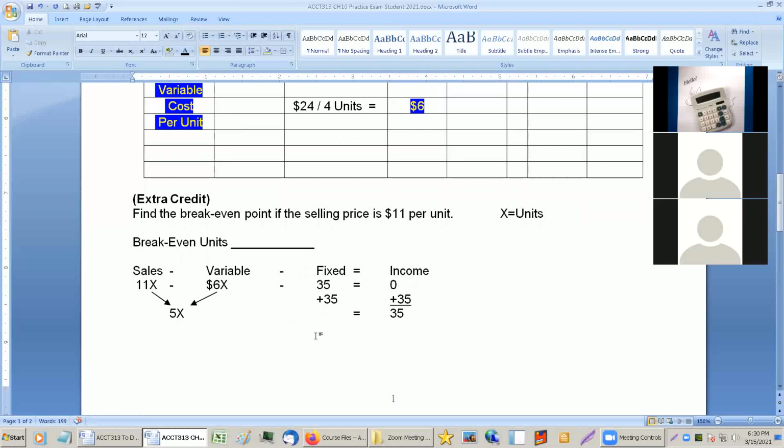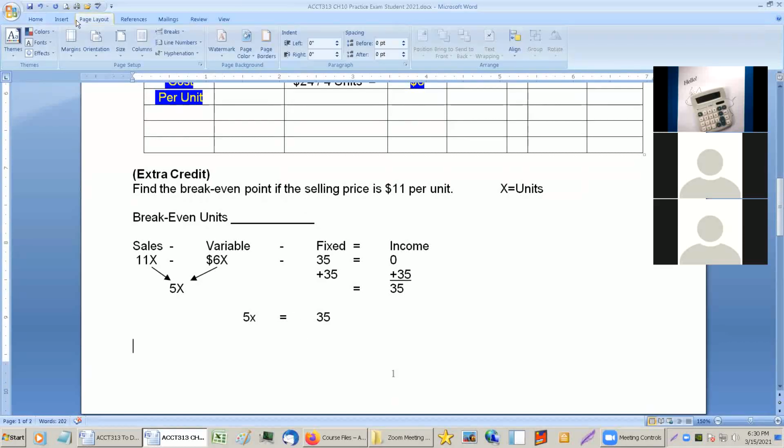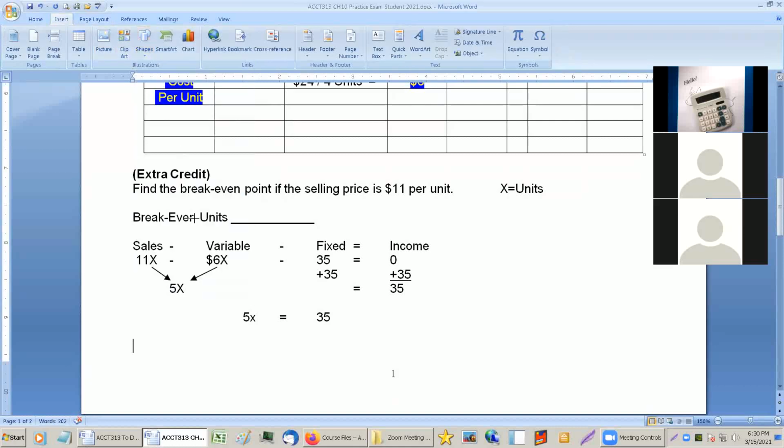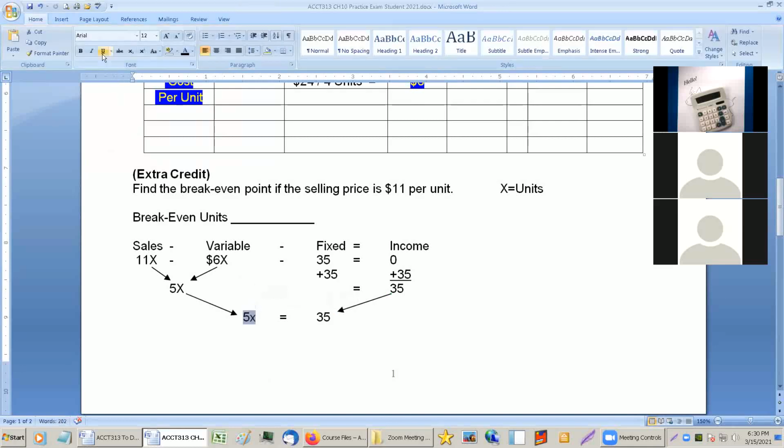So let's get a little closer. It's got a little bit closer together. Divide both sides by 5.